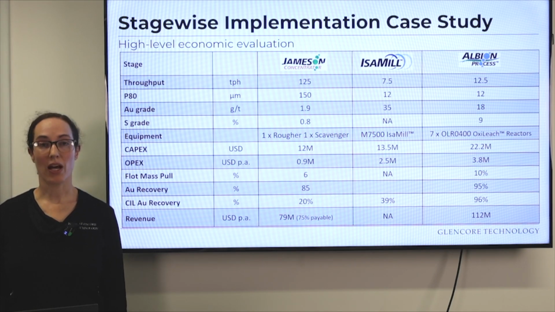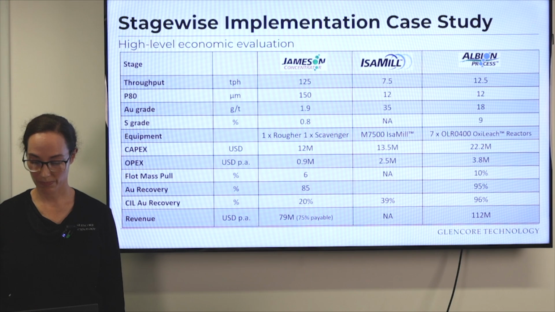The implementation of the full Albion process saw the installation of 7 OLR 400 oxyleach reactors with a residence time of 48 hours. After the Albion process was installed, 96% of the gold recoverable via cyanide leaching was achieved. This equated to an uplift in gold recovery of 76%.